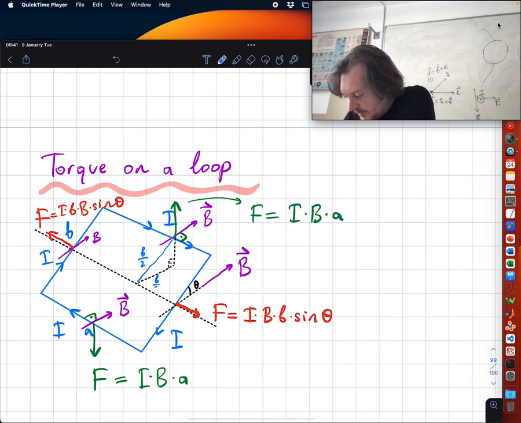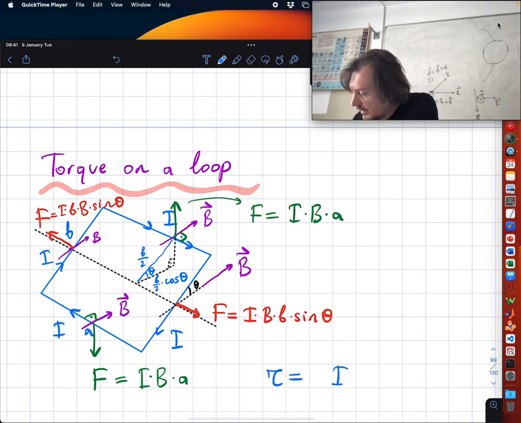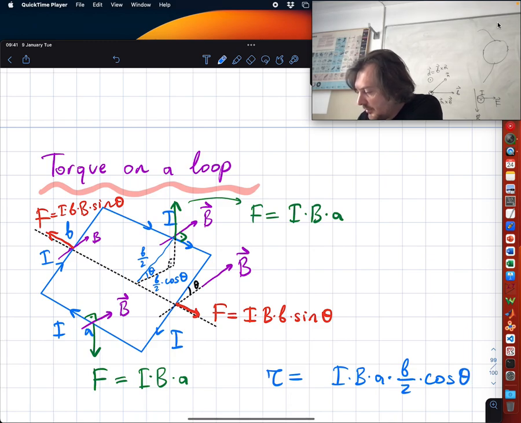This will be b over 2 times cosine theta, right? So the torque from one of them is I times B times A times b over 2 times cosine of theta. But since there are 2 forces here, this one is trying to rotate it this way. This one is trying to rotate it that way as well. So there are 2 of them.